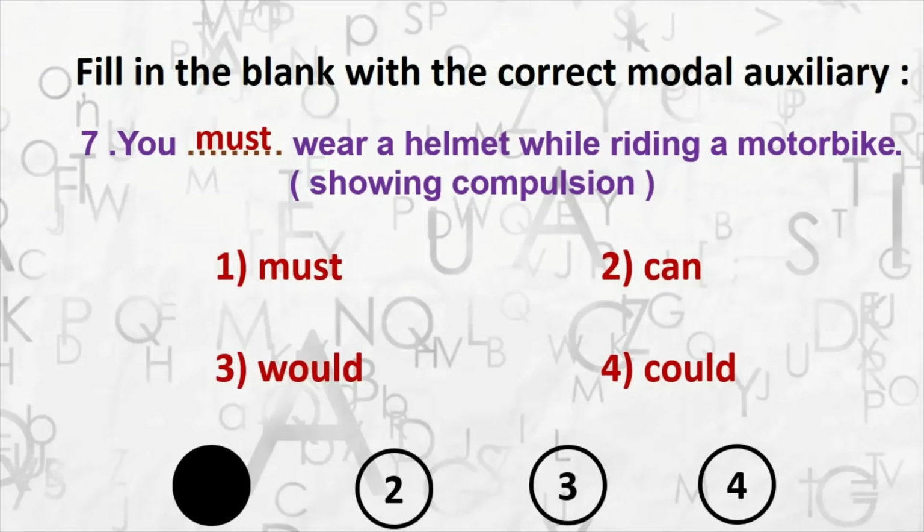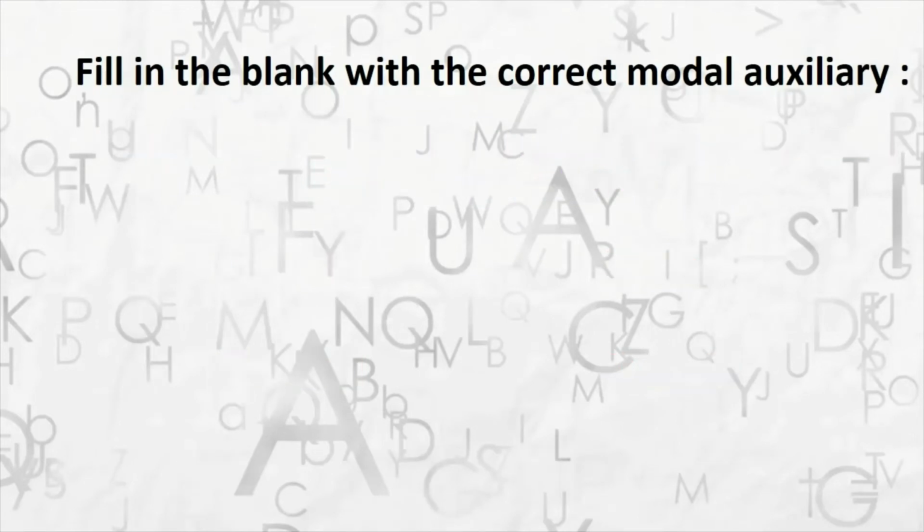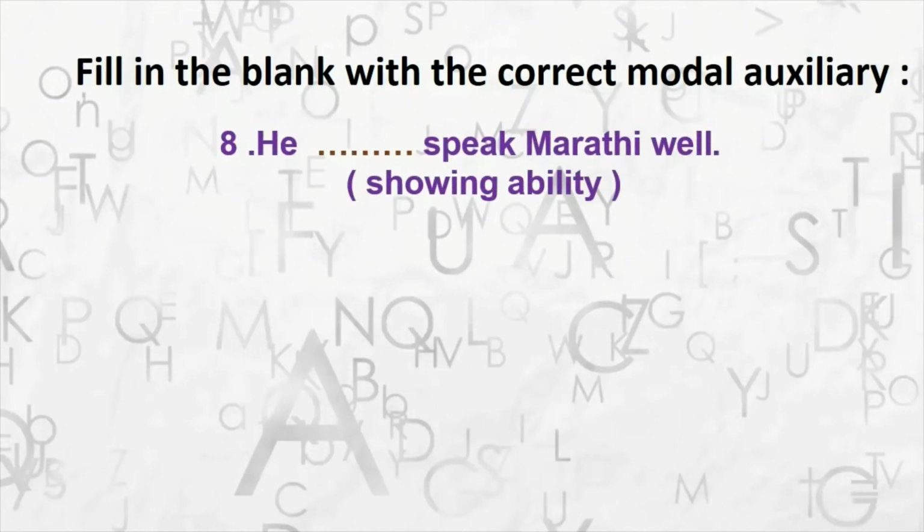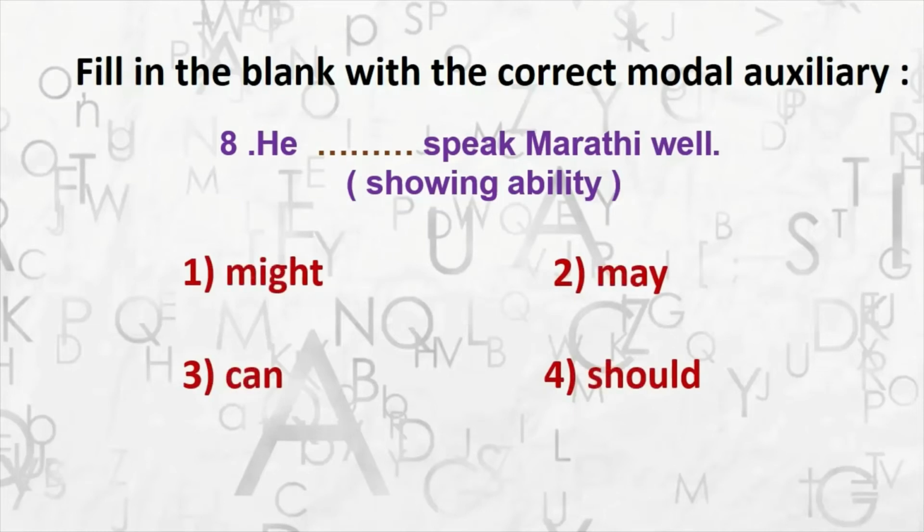Okay, now let's move on to the next one. Here comes question number 8. He dash speak Marathi well. Now we have to find a word which fits in here and will show his ability. Okay, so what are our options for the modal auxiliaries?